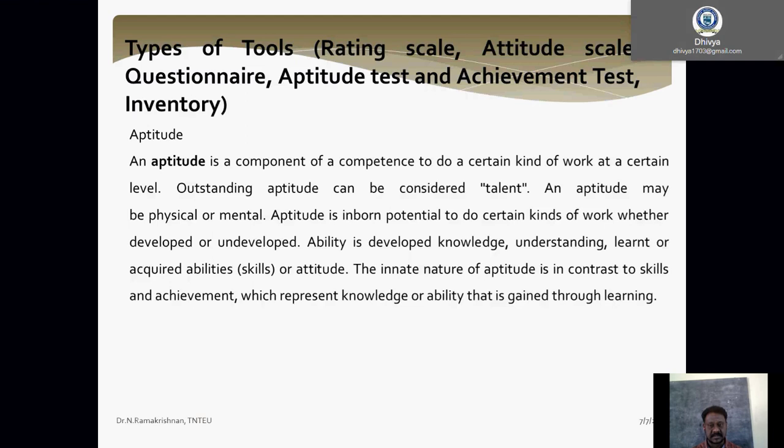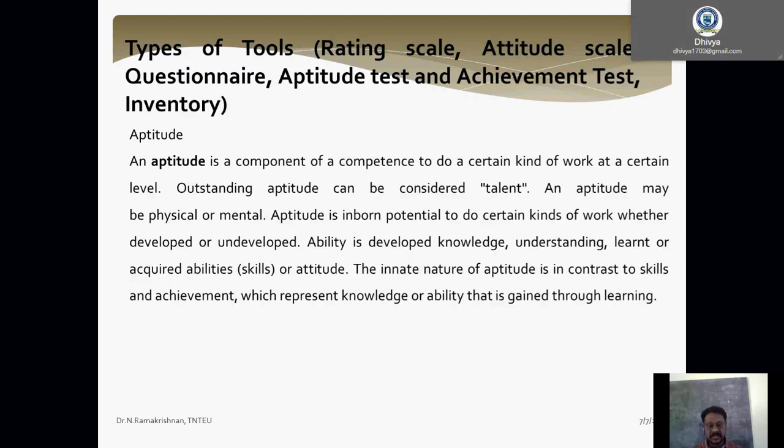An aptitude determines an individual's propensity to succeed in an activity. Aptitude is an exam used to determine an individual's propensity in an activity.